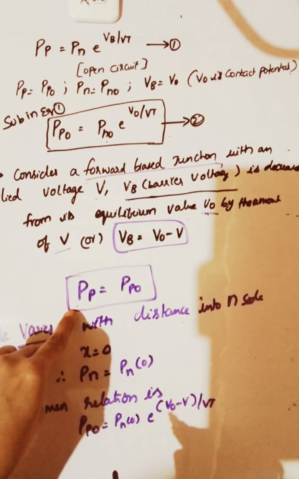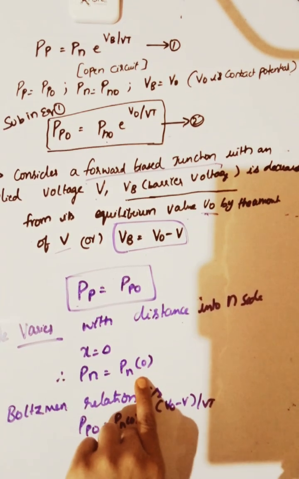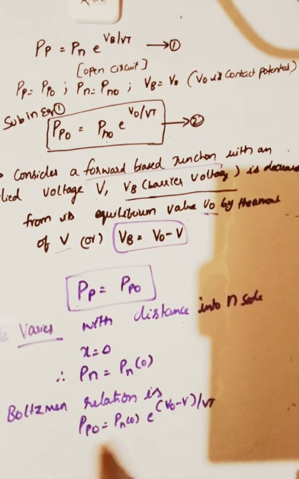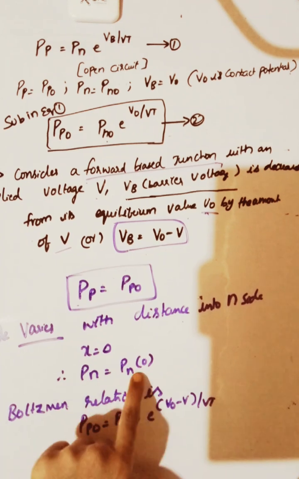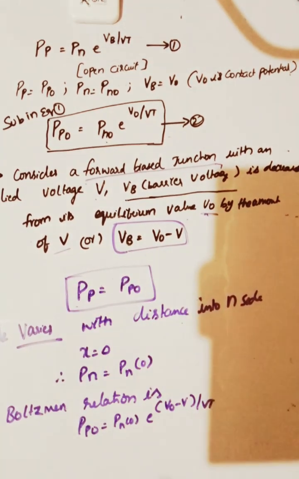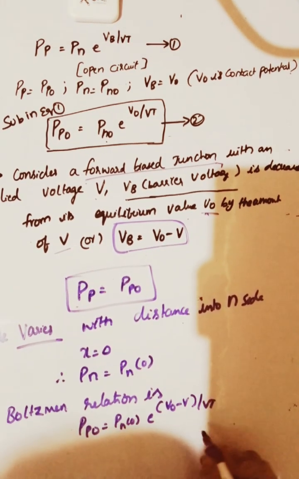At the junction, x is 0, so Pn is equal to Pn(0). Now the Boltzmann relation for this is Pn(0) e to the power of V0 minus V. I am substituting in this equation. This is equation number 3.